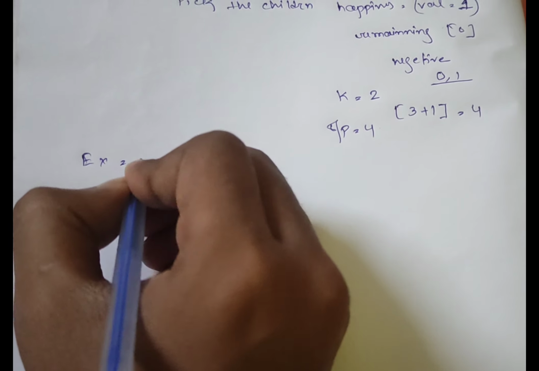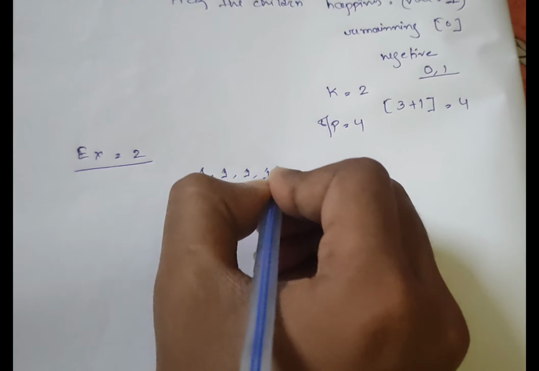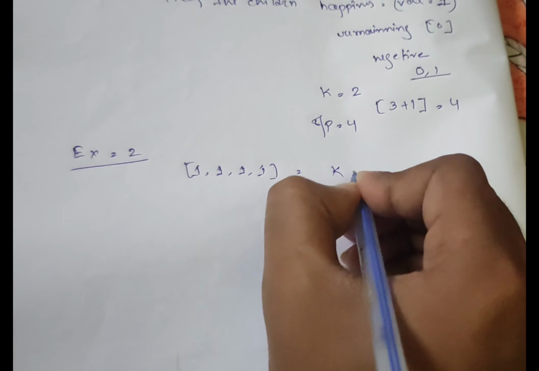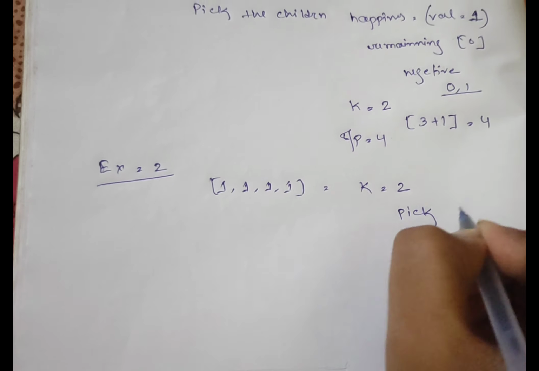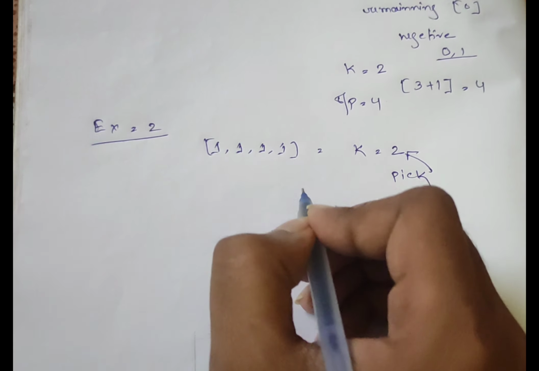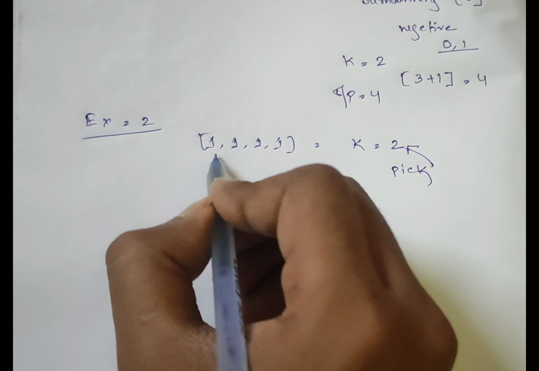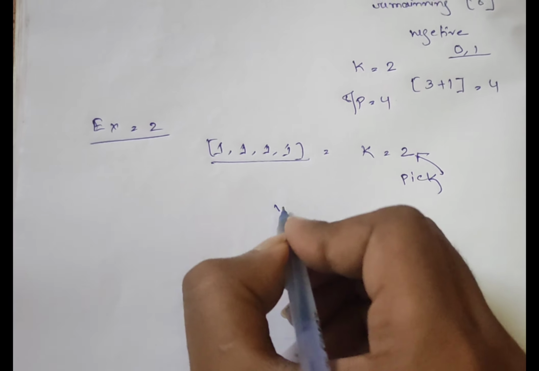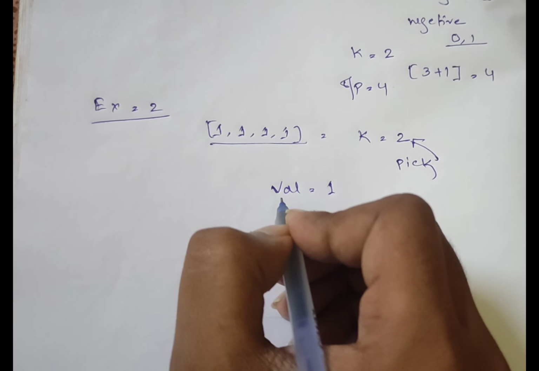Example 2: 1, 1, 1 and 1, and k is 2, so you pick two children. The first time the elements are the same, so we pick the value 1.